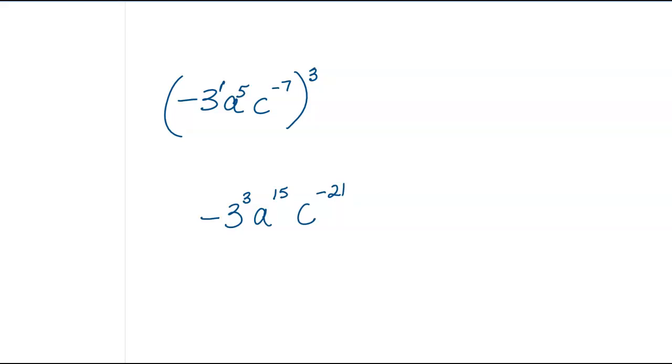But if I'm told that I can only use positive exponents, which is typically the case, that's negative 3 to the 3rd, a to the 15th, over c to the 21st power. So there you have it.